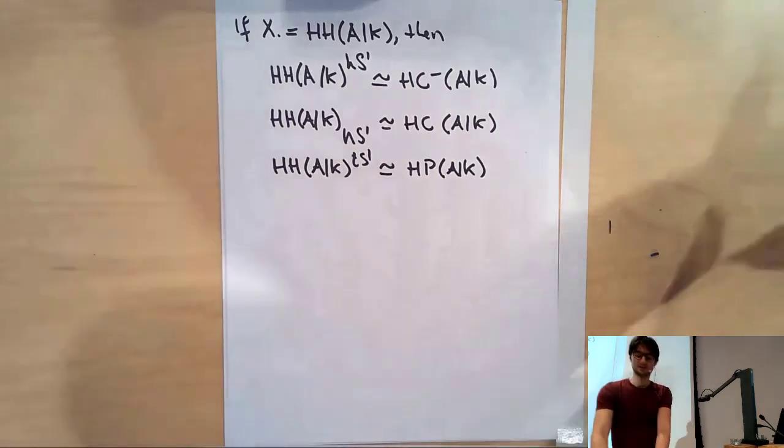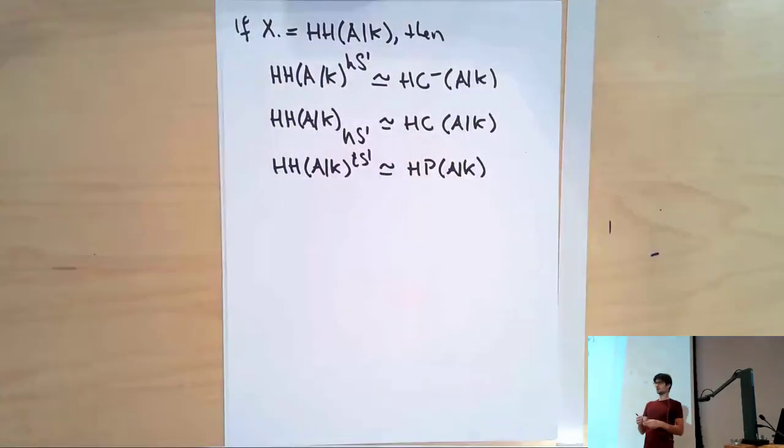So to compute a derived tensor product like this, I've got to resolve K as a K[epsilon]/epsilon squared module. And there's an easy way to do that. I just write down an infinite line of copies of K[epsilon]/epsilon squared, where the connecting maps are multiplication by epsilon. That resolves K by free K[epsilon]/epsilon squared modules.